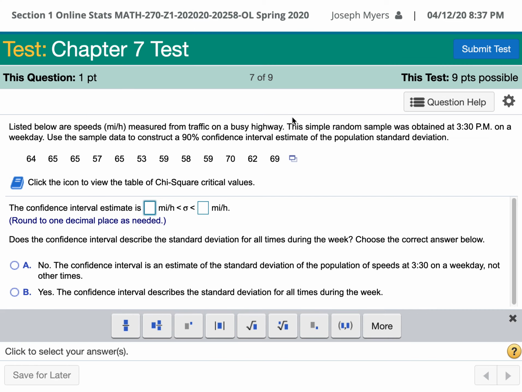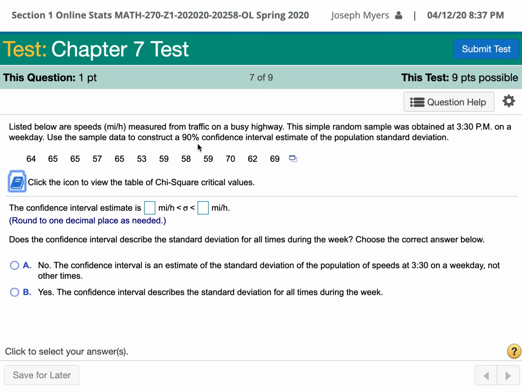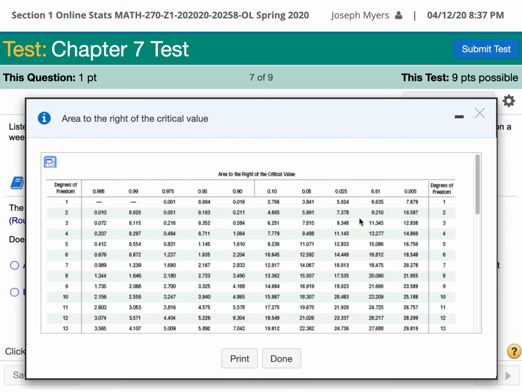So let me do that real quick. What is the chi-square critical value for a 90% confidence interval? There are going to be two of them. One is the area at the top 5%. The other is at the bottom 5%. We're going to find the one at the bottom 5% first. So it's 0.05, with 11 degrees of freedom.